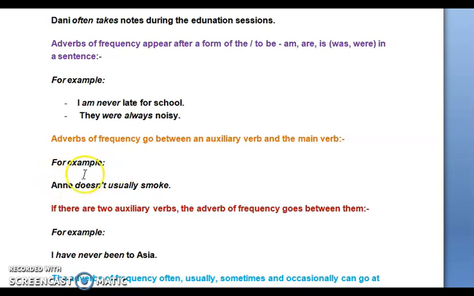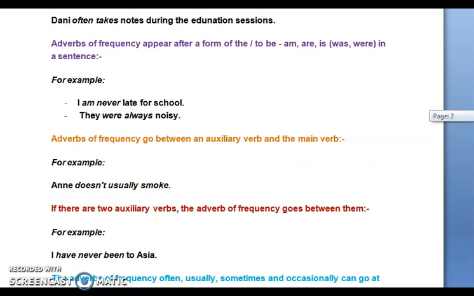Okay, for example, Annie doesn't usually smoke. You see here, does with not is the auxiliary verb. Usually is our adverb and smoke is the main verb in our sentence. So, Annie doesn't usually smoke. إذن Annie مش من عاداتها إنها تدخن. Okay?